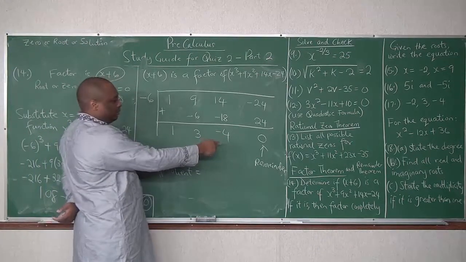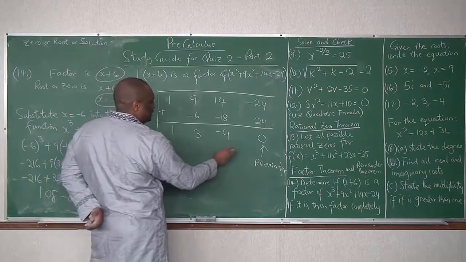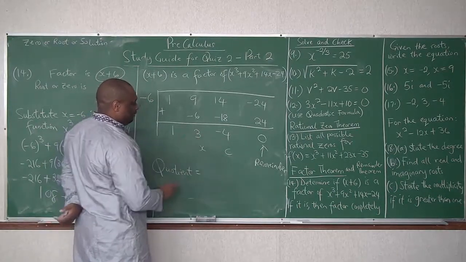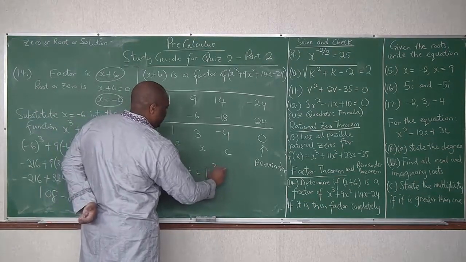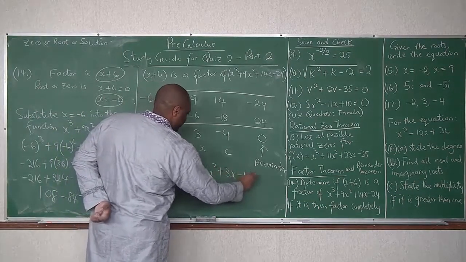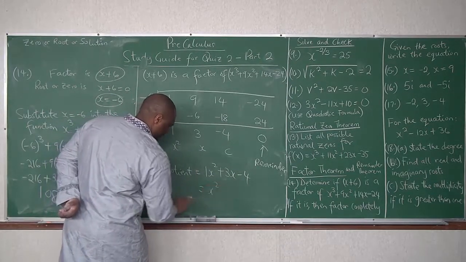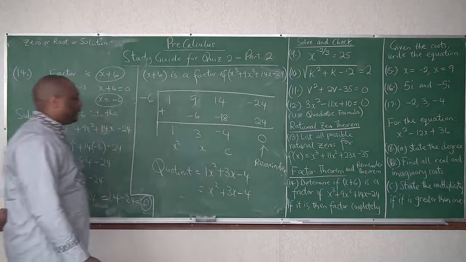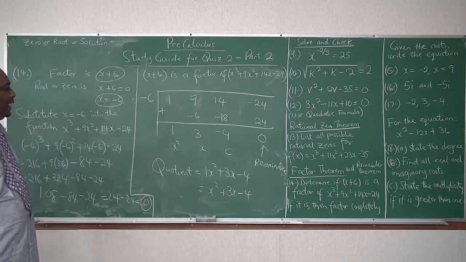This is the constant term of the quotient, this is the coefficient of x, and this is x squared. So you have 1x squared plus 3x minus 4. That is x squared plus 3x minus 4.